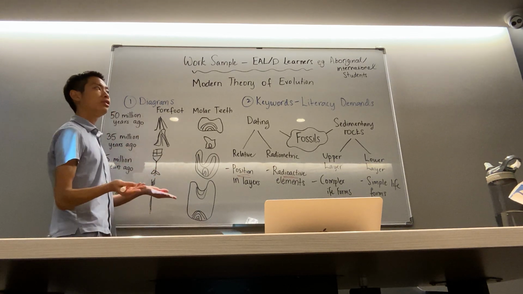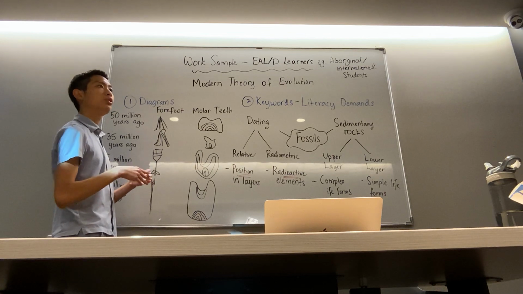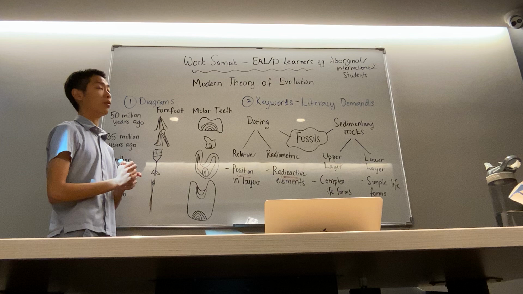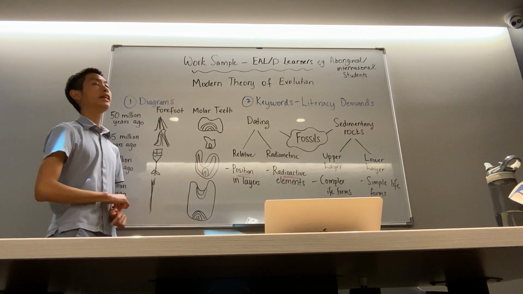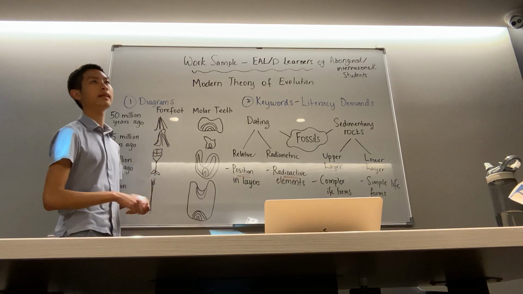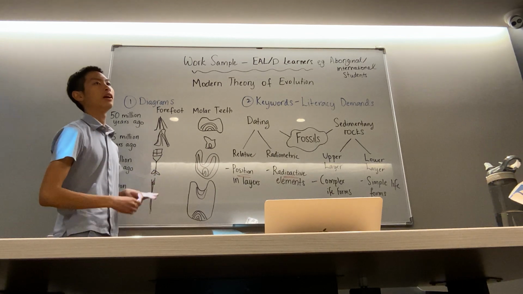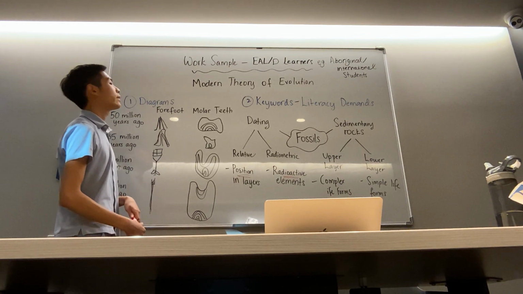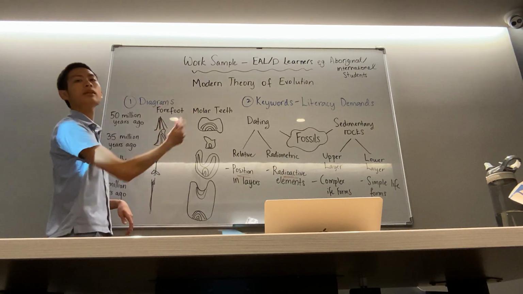So these are the 2 ways I would teach evolution, which is the most literacy-rich topic, full of journals and long texts in the Darwinian theories. So diagrams and keywords.